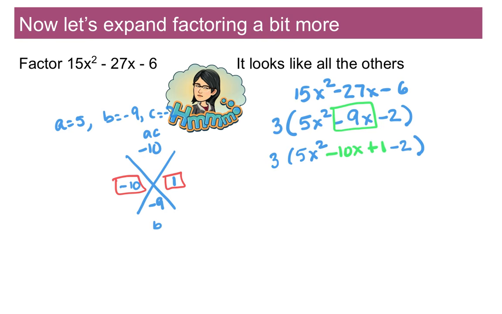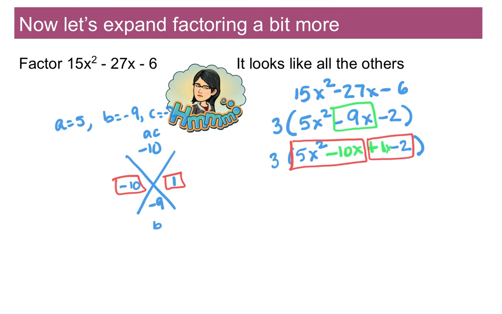So now I'm going to do what I was doing before. I'm going to take a look at this part of my factored out trinomial, and this part of the factored out trinomial, and see where I land.